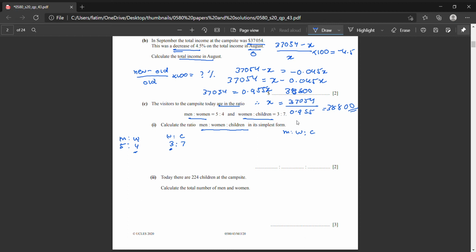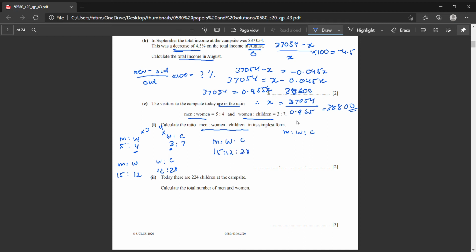What I mean is, for example, if I multiplied this entire thing by 3, then I would end up getting the ratio of men is to women as 15 is to 12. And then if I multiply this by 4, I get the ratio as 12 is to 28. So now because the 12 is the same, I can combine this to make it men is to women is to children as 15 is to 12 is to 28.